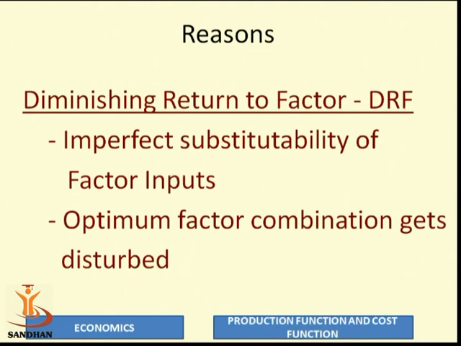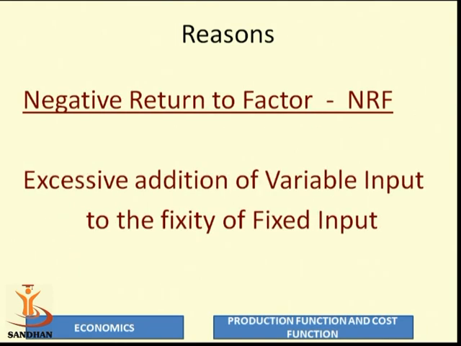Then the combination between fixed and variable gets disturbed, and that's why the output started increasing at a decreasing rate. Finally, we move to the stage which is called the negative return to factor. This happens because of the excessive addition of variable input to the fixity of fixed input, which you can again observe in the public sector.